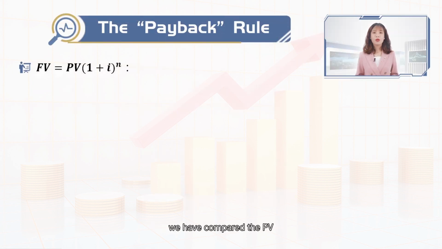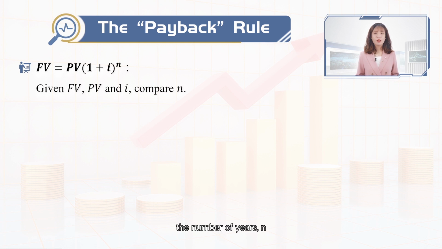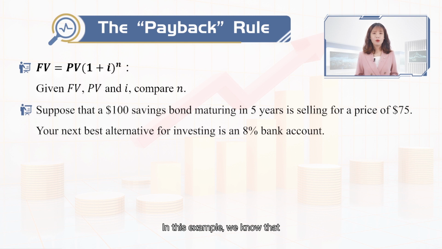Up to now, we have compared the PV, FV, and I in this compound amount factor. The last variable, the number of years N, can also help us to make decisions. Let's calculate N for the bank account. In this example, we know that the FV is $100, PV is $75.